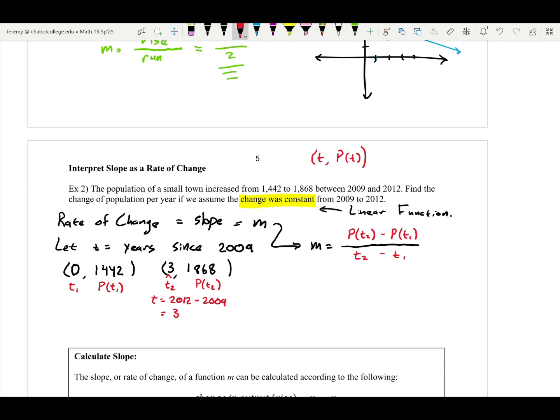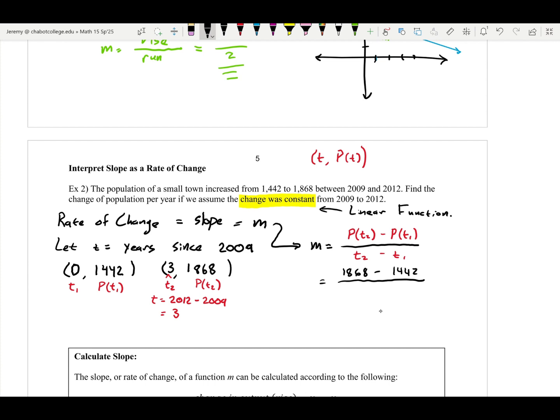Okay, so same formula, just with the added context of us dealing with a function that actually represents something meaningful. But when it comes to plugging it in, it works the same way as a normal slope formula. So we'll have p of t2, which is 1868, minus p of t1, which is 1442.